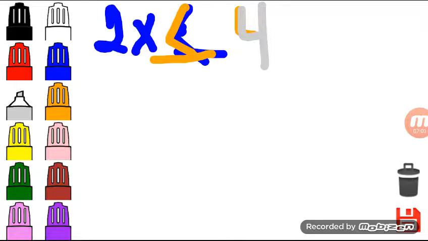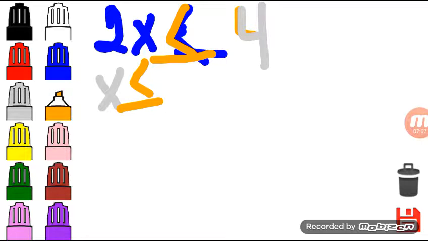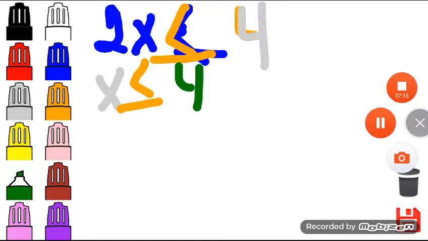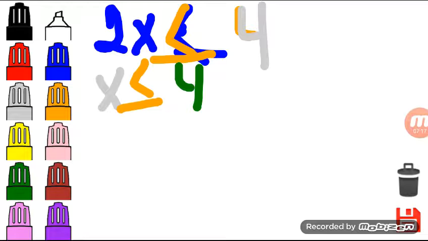Okay, so x is less than or equal to 8. Okay, so our final equation is x is less than or equal to 4.